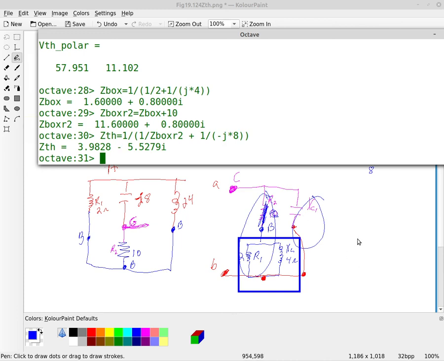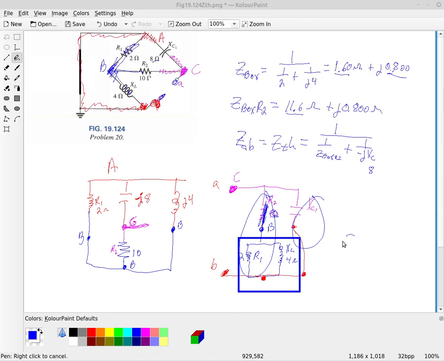So we could draw our V Thevenin. Okay, so here's my V Thevenin. And we could just draw this generic box here, call this Z Thevenin, and it would be that value, and that's my node A that we started with, my lowercase a, and this is my node lowercase b.